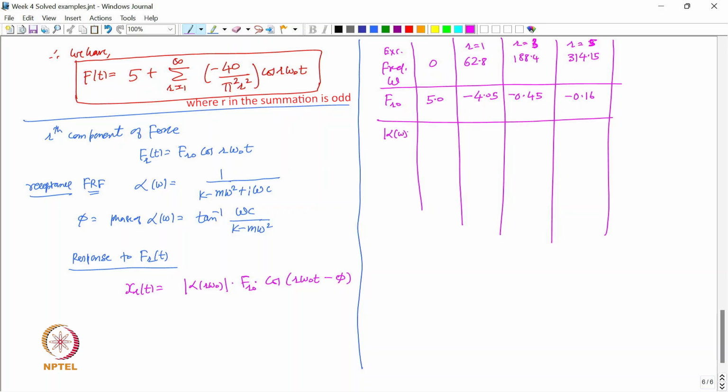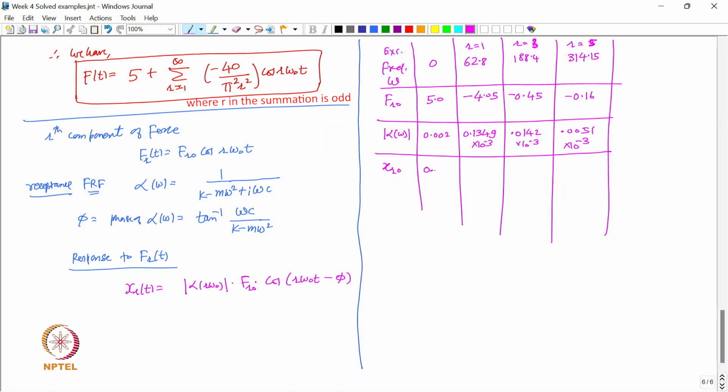Then I can work out the magnitude of the frequency response function at the frequency of excitation. That value for the DC component is simply 0.002. Then 0.1349 into 10 to the power minus 3, 0.0142 into 10 to the power minus 3, 0.0051 into 10 to the power minus 3. And then you can determine the amplitude of the displacement due to each component, which I call x_r0.